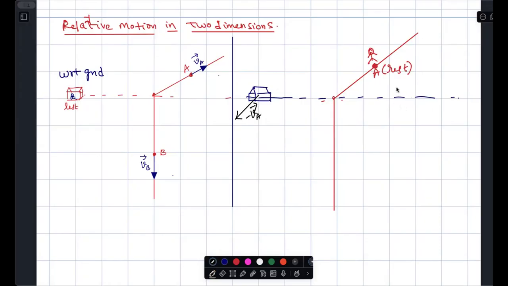But since A is moving, with respect to A the house is moving with a velocity minus VA bar. Similarly, already you observed that P is having some velocity like this.